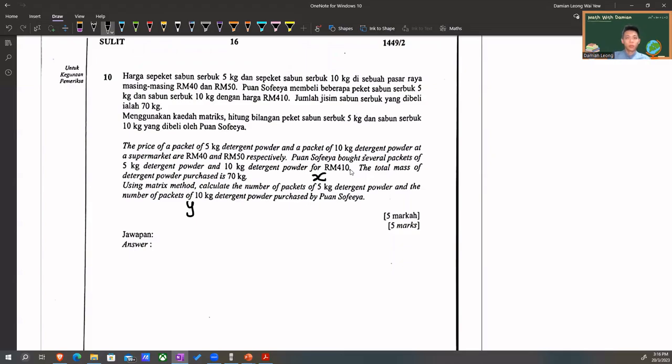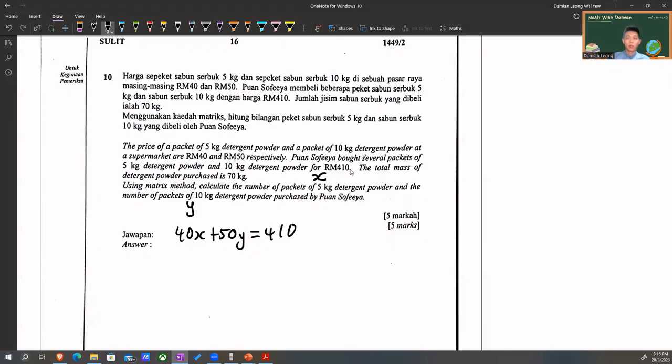Okay, let's form the equations first. So price is 40 ringgit and 50 ringgit. So she bought several packets for 410 ringgit. So it means 40 ringgit times x packets plus 50 ringgit times y packets equals 410. The other equation is total mass.